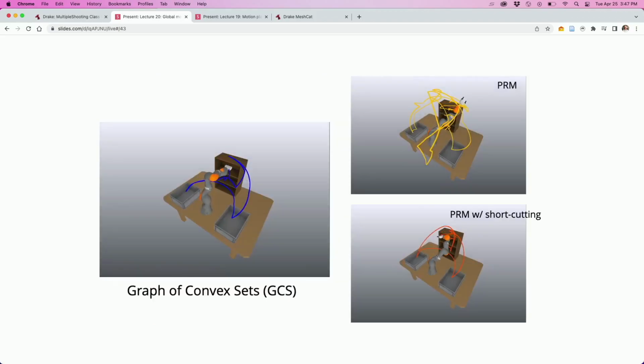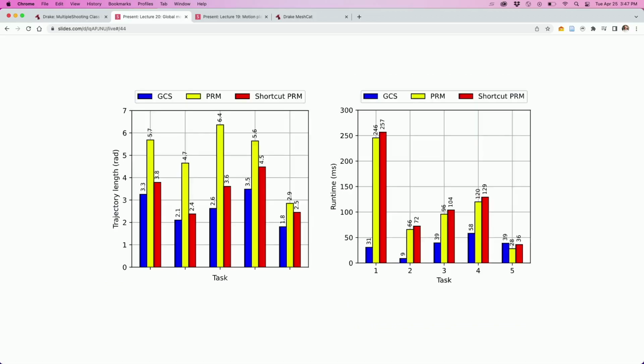Yeah. So then we did a bunch of comparisons against PRMs with shortcutting, and graphs of convex sets, and to the speed question, in this one arm case, we're certainly competitive with PRM. We certainly find shorter paths. That's kind of by definition. And we tend to find them as fast or faster than the PRMs.